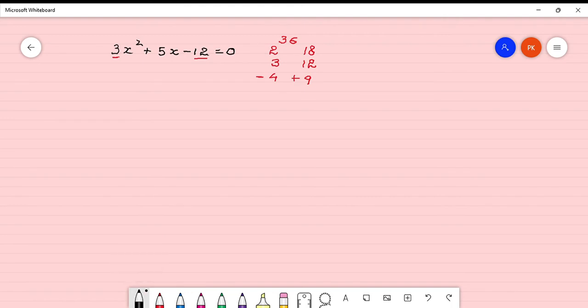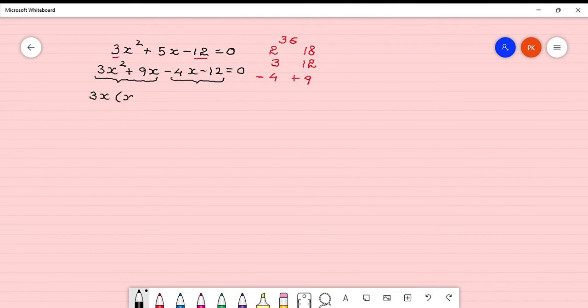And hence, I will now split up the middle term. 3x square, now plus 5x, I will write it as plus 9x minus 4x minus 12 equal to 0. Now group the terms, first two and last two. From first two terms, take 3x common.